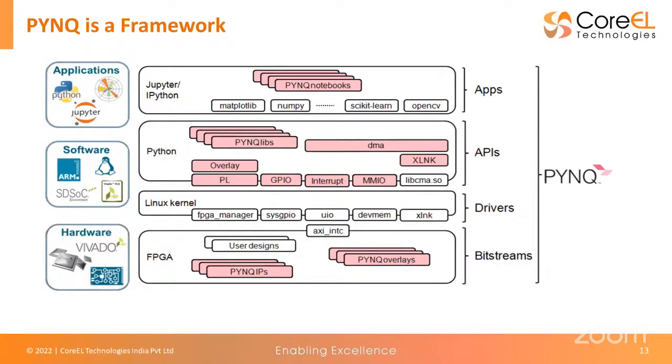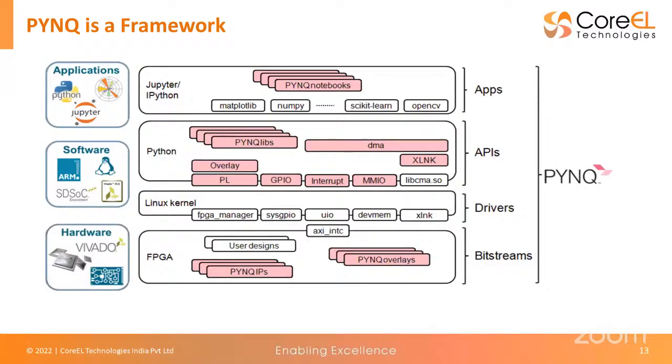So your drivers will be able to connect your APIs, which in turn are holding your applications, all the way down to your hardware, right? So from an application point of view, you are directly targeting your hardware, and you have the flexibility to change and retrain your algorithms, right?